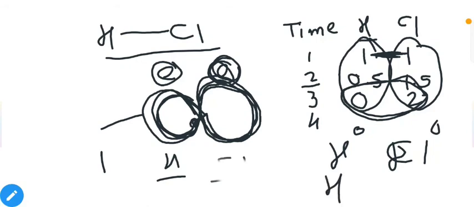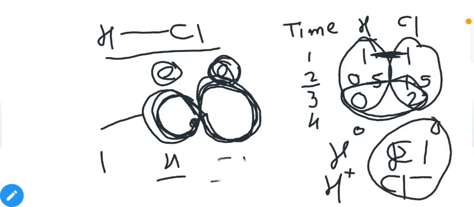At that time hydrogen will carry a positive charge, chlorine will carry a negative charge. So sometimes chlorine is neutral and sometimes it is negative. Similarly, sometimes hydrogen is positive and sometimes it is neutral. That's why we say that they carry partial charges. They are not permanently negative or permanently positive. So that's how bonds occur.